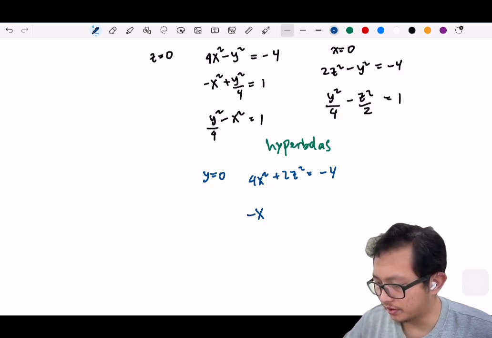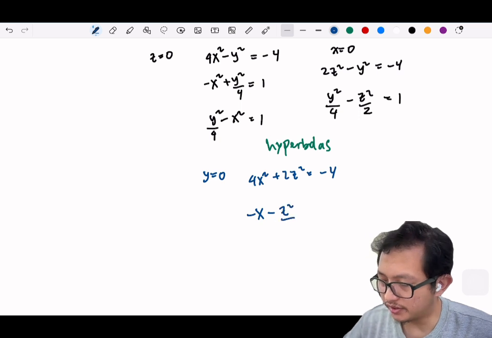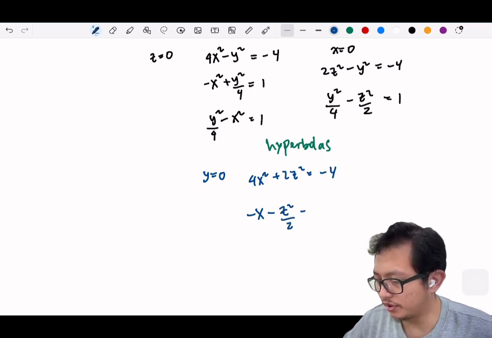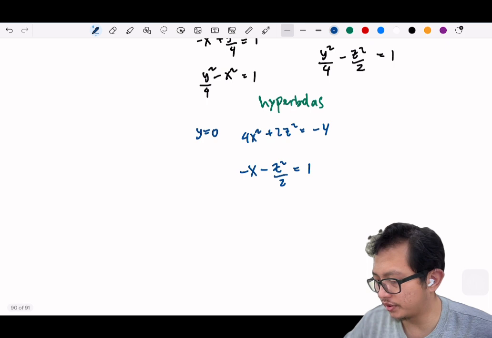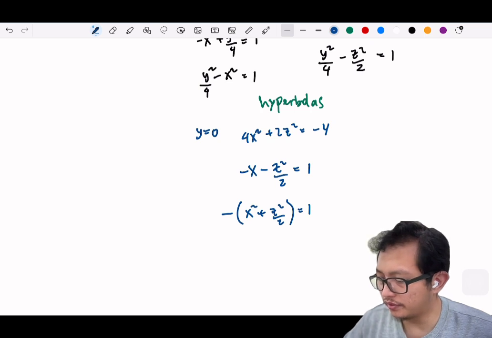This is quite interesting. It looks like an ellipse, but it's not an ellipse. So this will be negative x squared negative z squared over 2 equal 1. So this will be the negative counterpart of the ellipse.